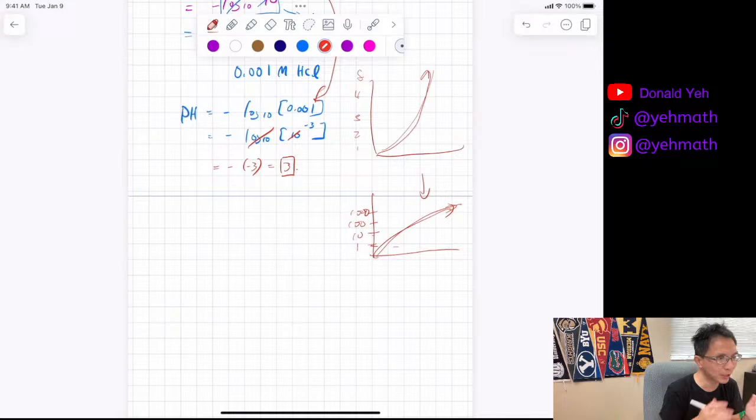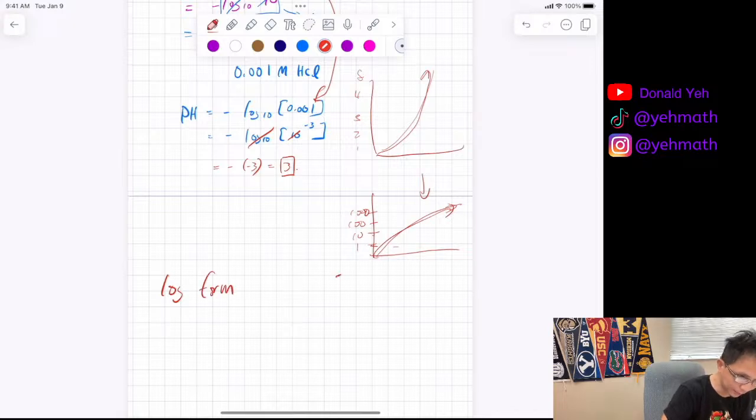Now let's talk about the difference between log form and exponential form. So log form and exponential form. This is y equals log base b of x. Now this is very confusing, but the other is b to the y equals x.